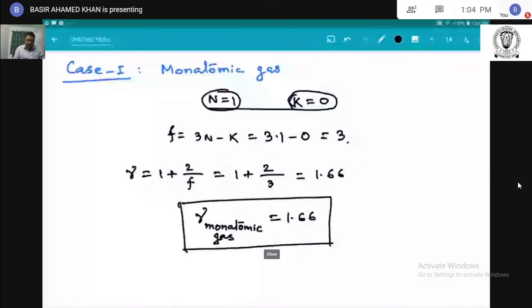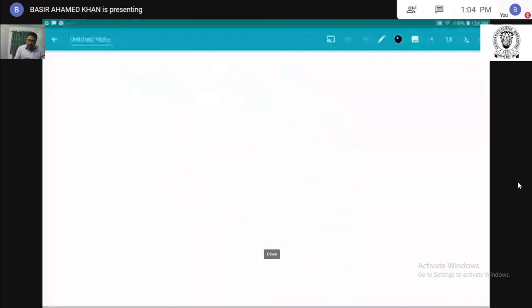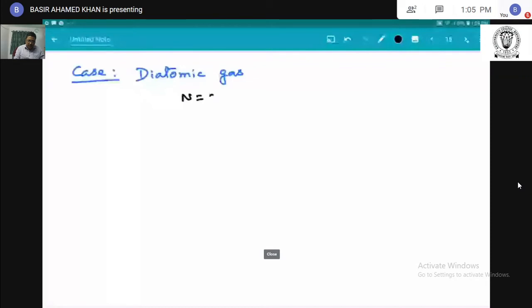Case 2, diatomic gas. For diatomic gas, n equals 2, number of constraints equals 1.